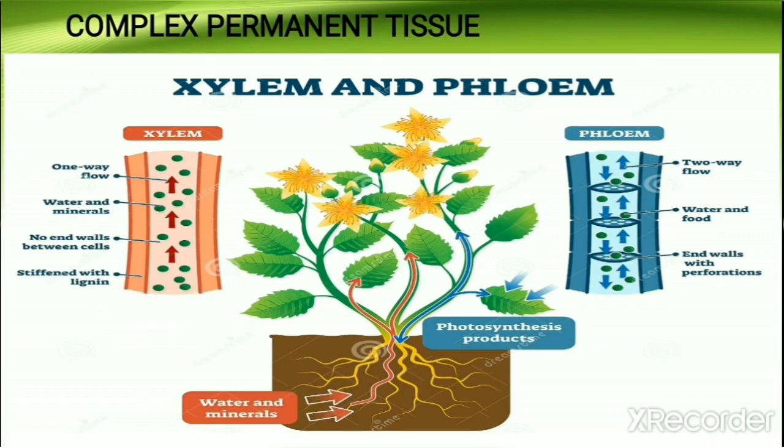Through the xylem tubes they transport the water and minerals in the upward direction. And the food is prepared in the leaves, because the leaves are the green parts of the plant and they have chlorophyll. So they do photosynthesis and synthesize the glucose molecule, and that food material will be transported to every part of the plant body. That process is a two-way flow, meaning it occurs in all directions, downwards also and upward up to the tip of the plants. For that food transportation they have phloem tubes.